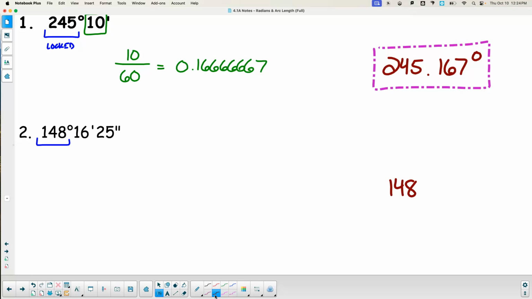I'm going to take the 16 and I'm going to divide that by 60. 16 divided by 60, 0.2, and then 6s, yep.